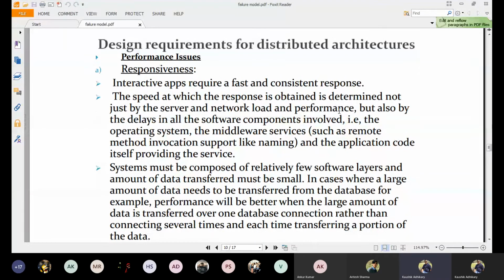Means there should not be delay even in the software components. That is the operating system, the middleware services such as remote method invocation support like naming, and the application code itself providing the services.